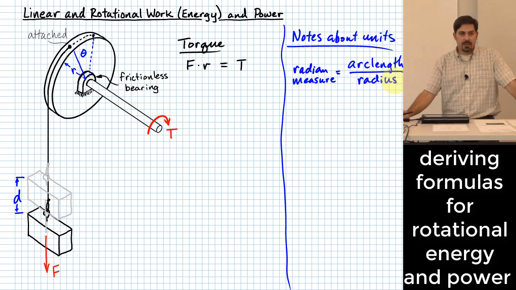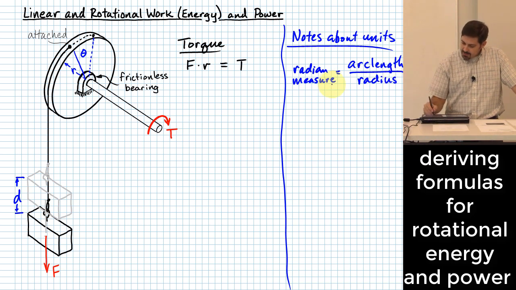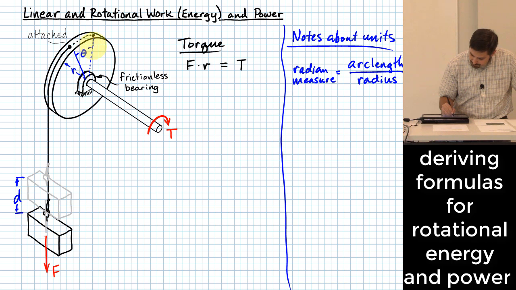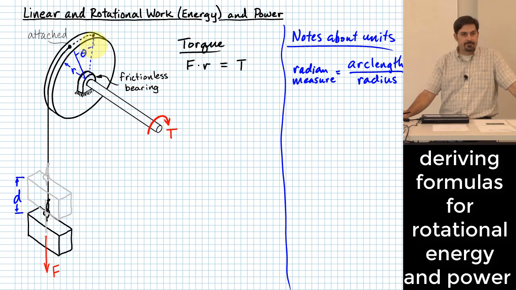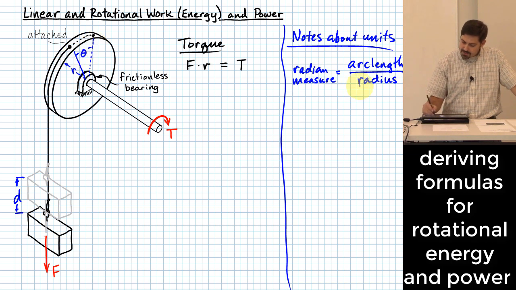This is handy because in our case we've got an angle, and there's no problem with measuring that angle, this little angle theta that we put right here, in radians. What this tells us is that if we know the number of radians and the radius, we should be able to find arc length.